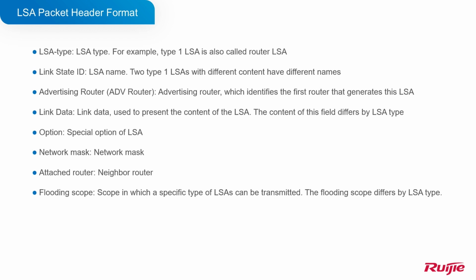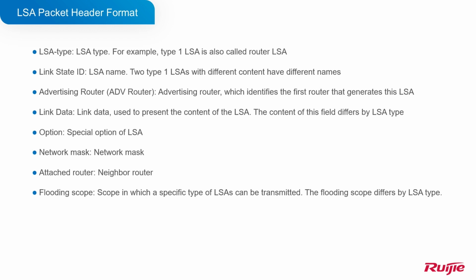The ADV router means the LSA information is generated by which router. Okay, we use this parameter to identify it. And then the link state data. The link state data is used to present the content of the LSA information.